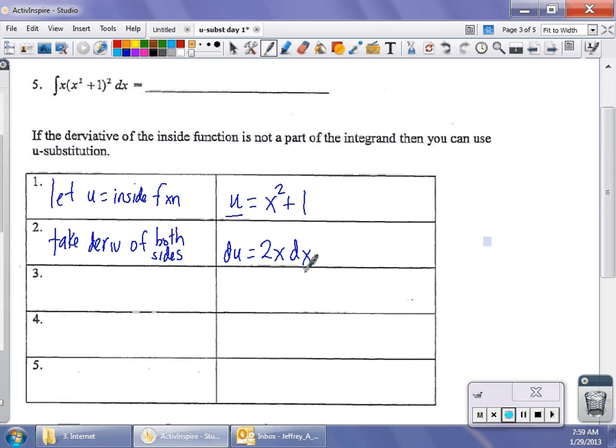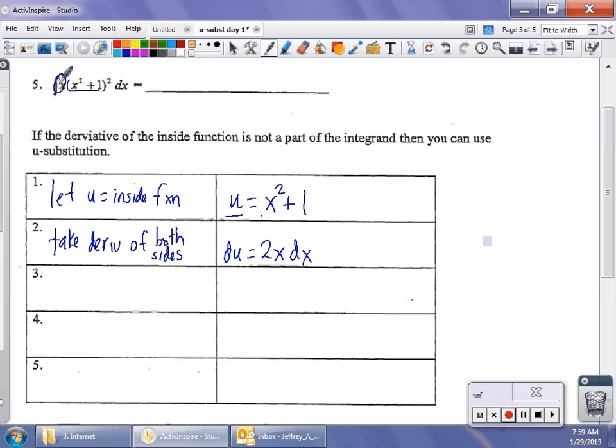Now notice in the problem I have an x squared plus 1, so everything is good there, and I have an x, but I don't have the complete derivative. I don't have a 2. So that's where we're going to have to do a little bit of manipulation.